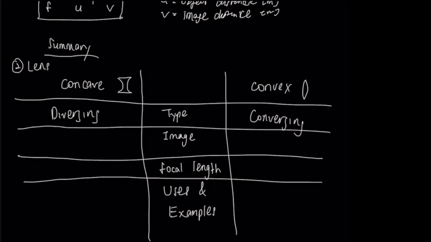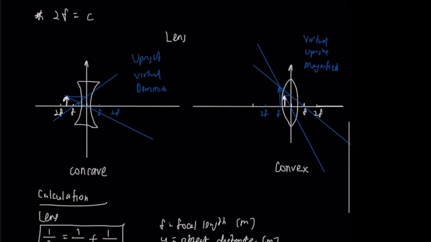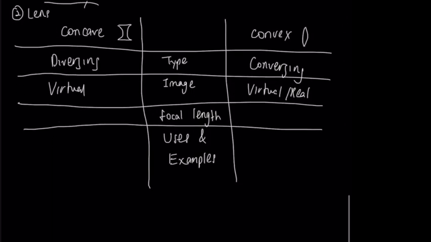The image form is also the opposite. So concave just now was virtual or real, now it's only virtual. And convex will be virtual or real. And the focal length will remain the same, as you can see. It's still positive here, it's still negative here.